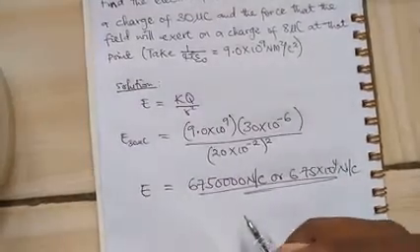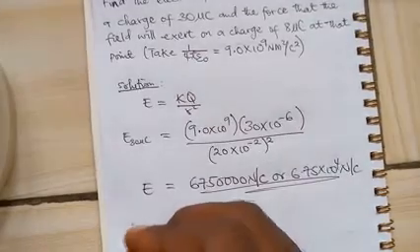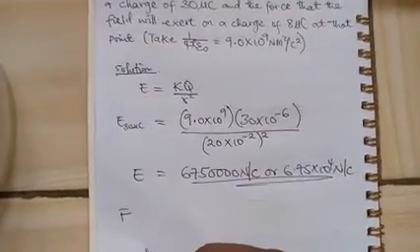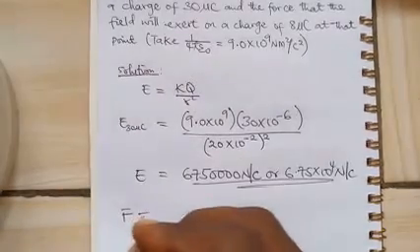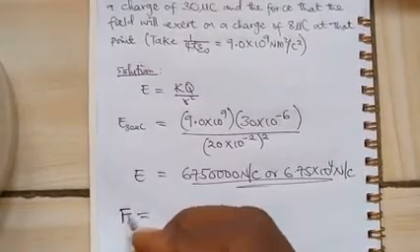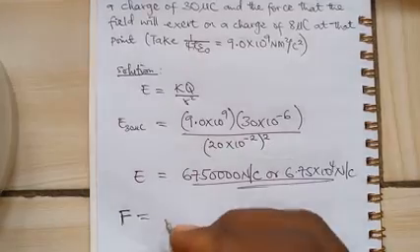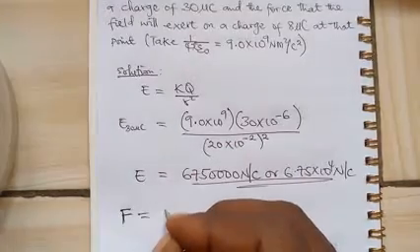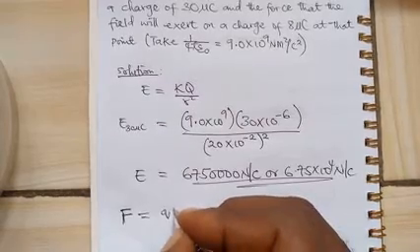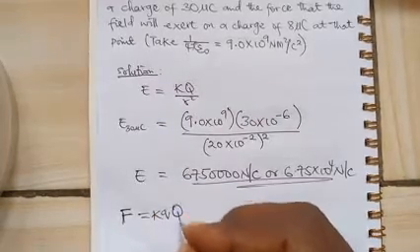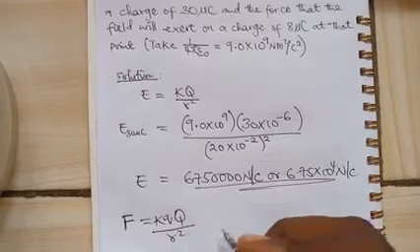Now, this is the field. Now, for us to get the force that is exerted due to 8 microcoulomb, remember, force is giving us Q and q. You can say K, Q, q over r squared.